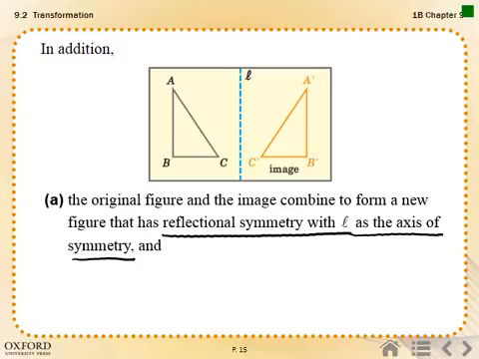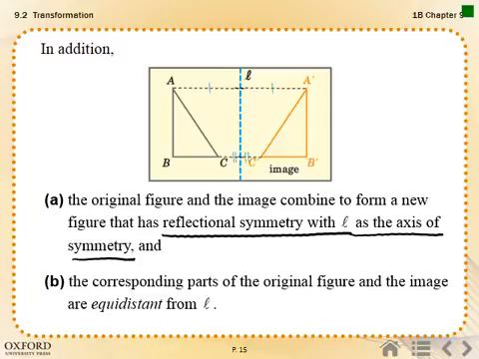And so we see that they are symmetric to each other, and moreover, the corresponding parts of the original figure and the image are equal distance from L. That means the distance between point A and L is equal to that of A' and L.